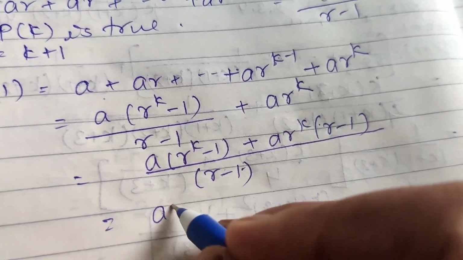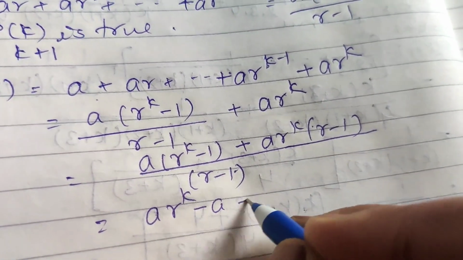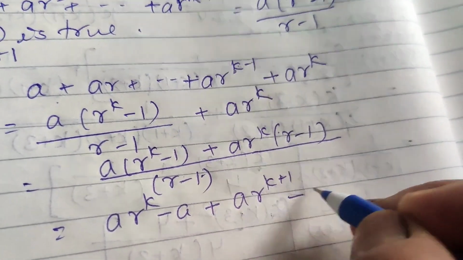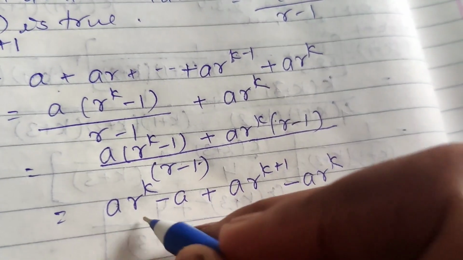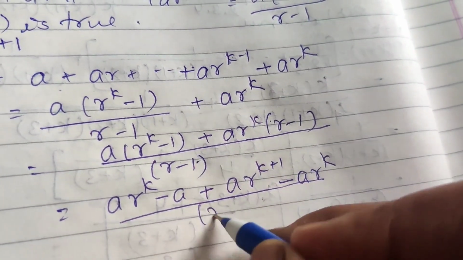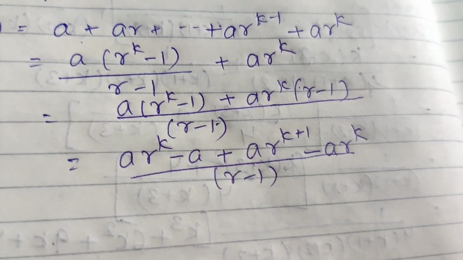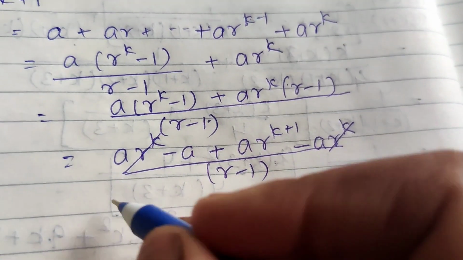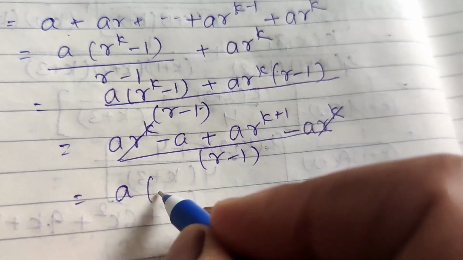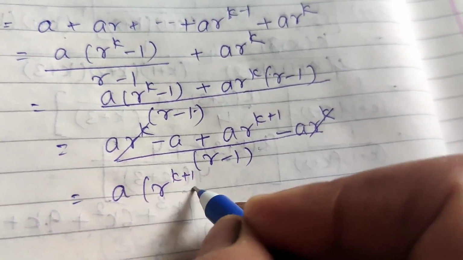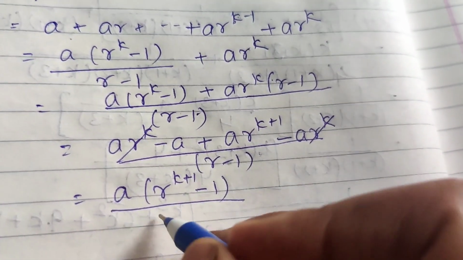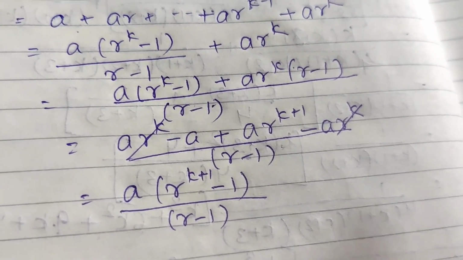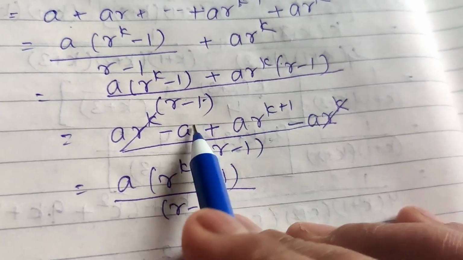Now solve: ar^k - a plus ar^(k+1) - ar^k, over r minus 1. Now ar^k cancels. We get, taking a common, a(r^(k+1) - 1)/(r - 1).